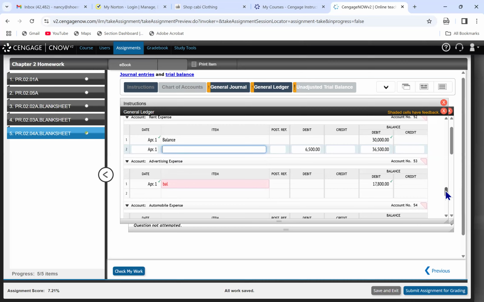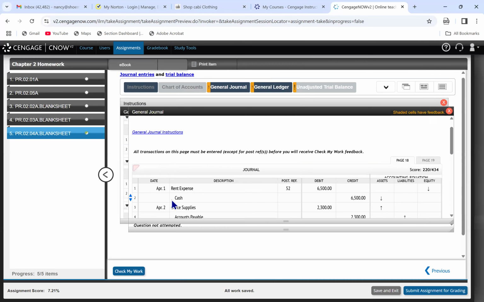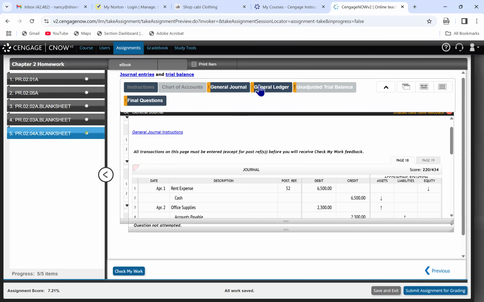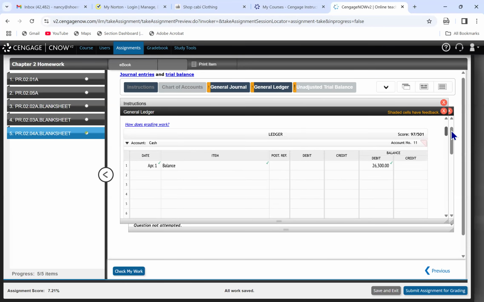Okay. The next portion I need to do here is show a post to the cash account of 6,500. So I'm going to go over to the cash account and I'm going to show April 1st, 6,500. And this is a credit here of 6,500. So I am going to change this up.